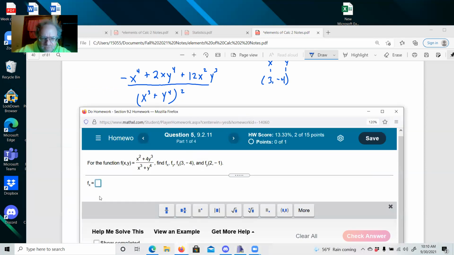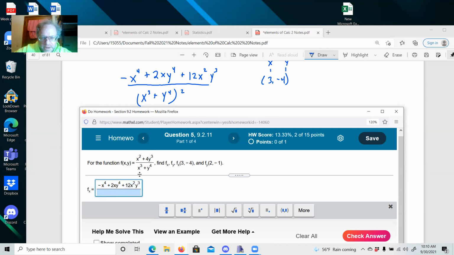So we have a fraction. All right. And on the top, we have -x to the 4th plus 2xy to the 4th plus 12x squared times y cubed.